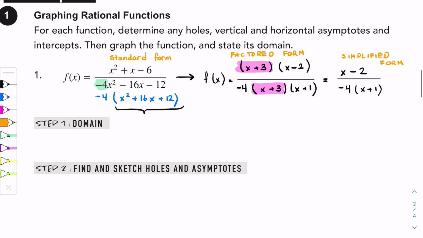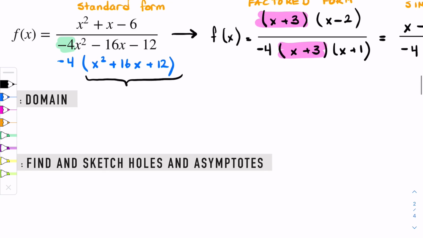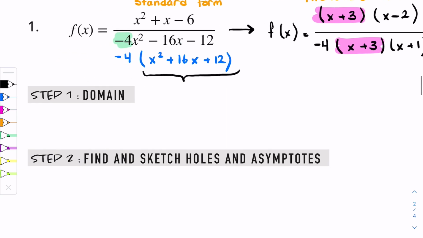Okay, based on the directions, step 1 is to find the domain. The domain comes from the denominator in factored form. We set this equal to 0 and we solve.